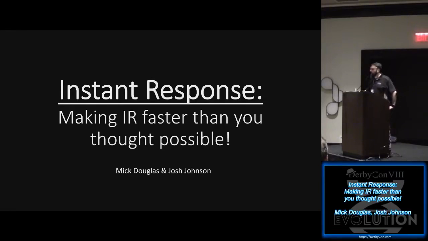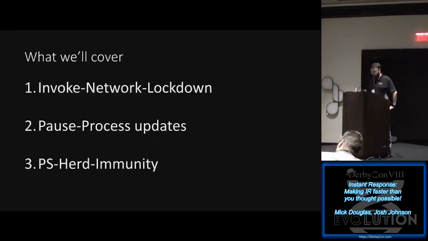What we're going to be talking about are things you can do using built-in components of Windows that allow you to do all kinds of interesting and fun shenanigans and really will frustrate the attackers. We're going to cover a series of PowerShell scripts and tools that Josh and I have made, and each of these is going to be a section that we cover.